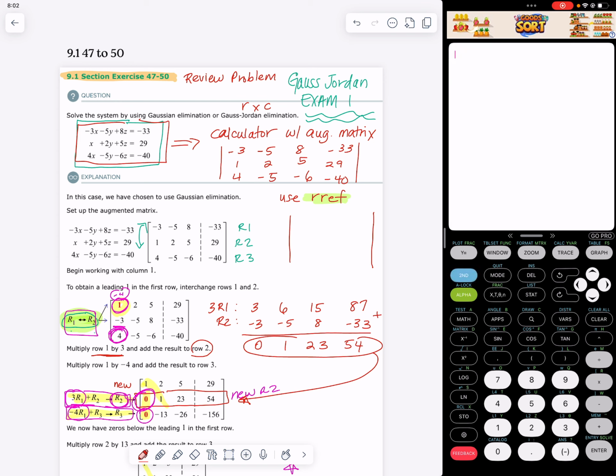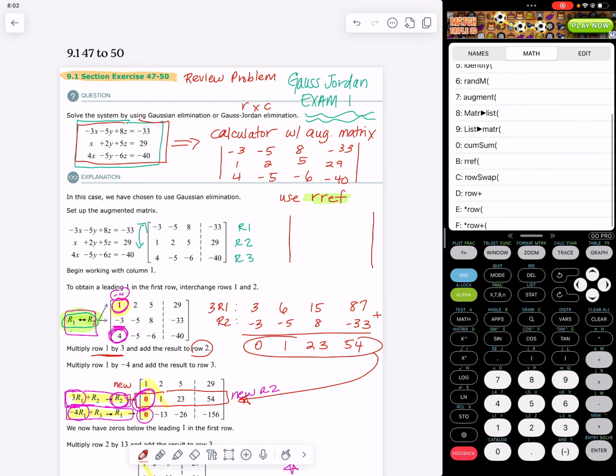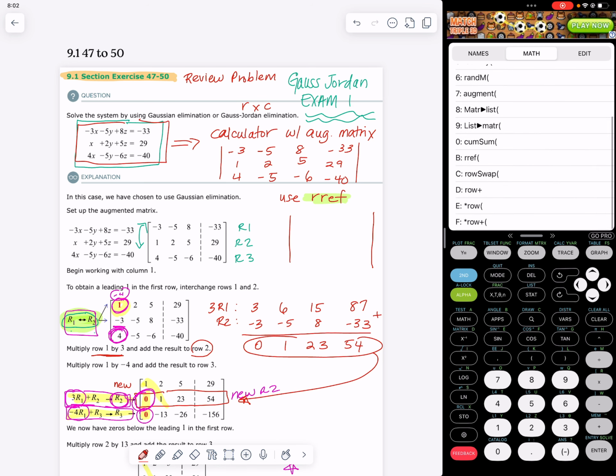Now, after you second quit, you're going to go back to second matrix. And you can see A has a 3x4 matrix entered, but now we're going to do some math. And then we're going to go to reduced row echelon form. It is B on my calculator. You need to look for RREF, not REF, okay?